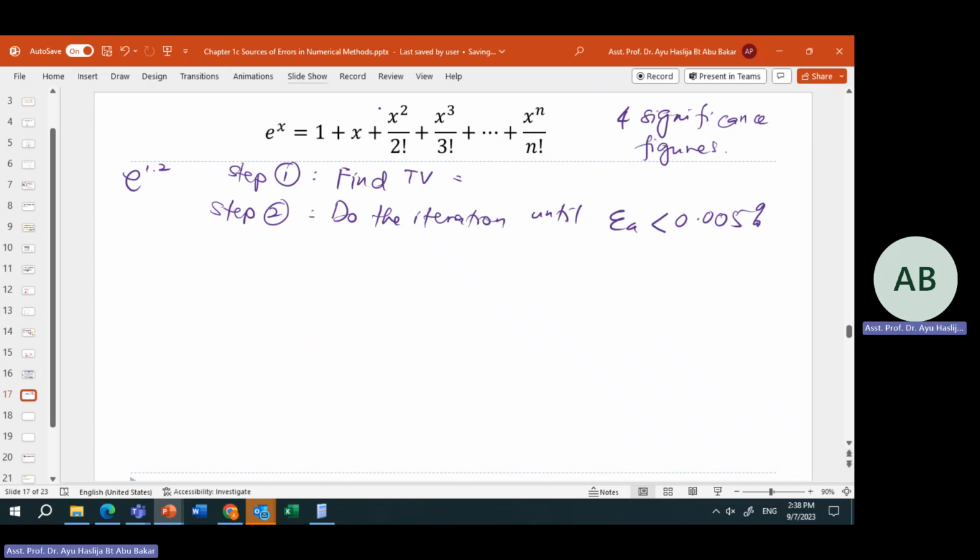What do you get for the true value? E power 1.2. 3 point? Correct. 3, 3, 2, 0.